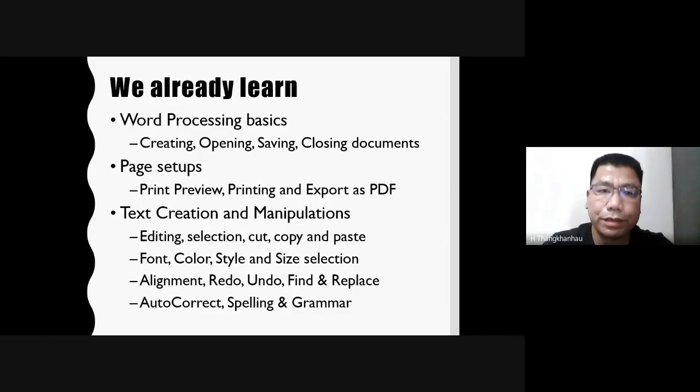What we have already learned in word processing is these things. First, we learned about word processing basics such as creating, opening, saving, closing Word documents, and page setups like print preview, printing, export to PDF, etc. We also learned how to create text such as selection, editing, copy paste, font color, font style, size selection, etc. We already talked about alignment, undo, redo, find and replace, autocorrect, spelling and grammar in the last lecture.